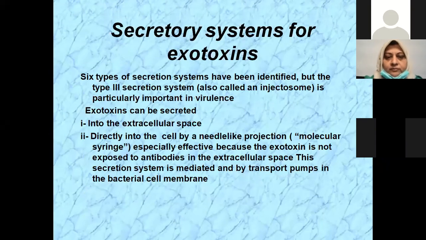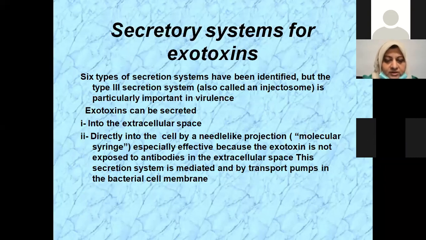Now, as I told you, exotoxins are actively secreted. So there are various systems in bacteria for the secretion of exotoxins. There are basically 6 types of secretory systems that are known up till now. But the type 3 secretion system, which is also called an injectosome, is very important and very effective.